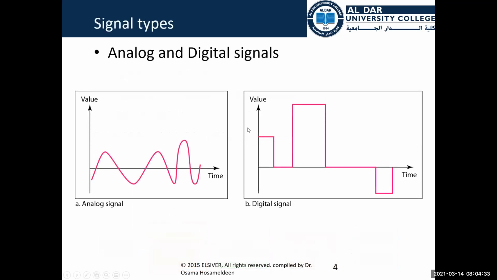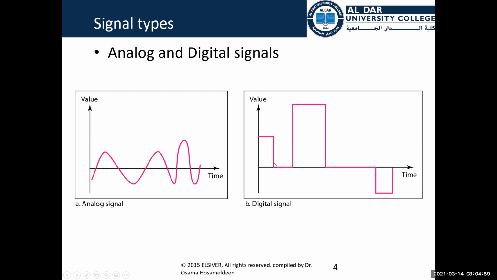We know that we have signals, we have analog signal, and we have digital signal. The analog signal is continuous. Continuous in time means there is no space in time that doesn't have signal. But here it is discrete. Discrete means we have sharp transitions.